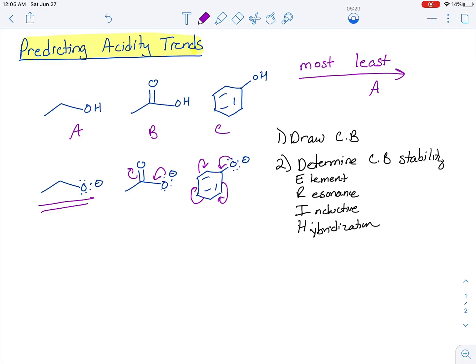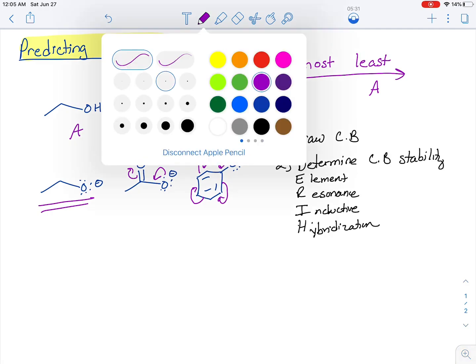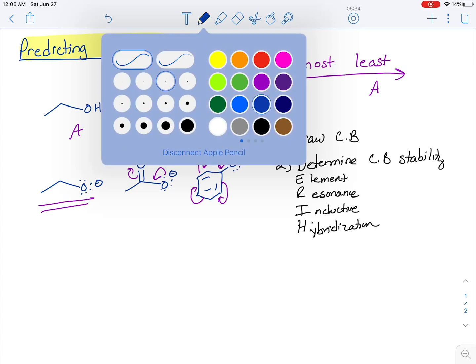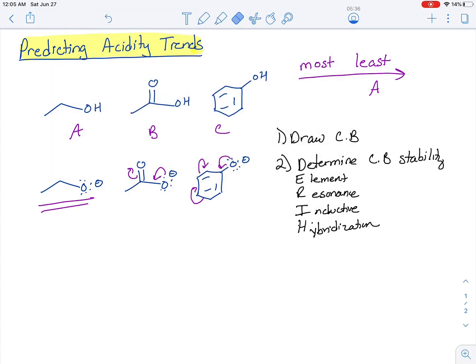Now, comparing these two, let me do this one step at a time. If we draw out these resonance structures, for this one we'll put the negative charge here. So there's that resonance structure.